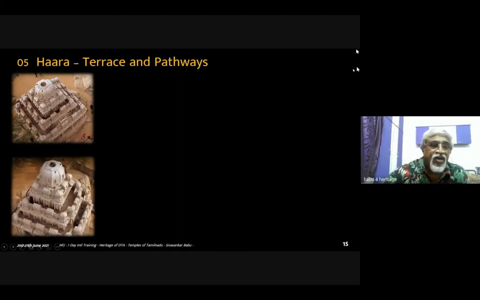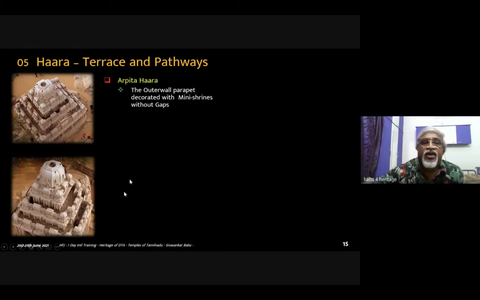So there is a gap between the first tala hara and the second tala wall. And there are staircases. Similarly, there is a gap between the second tala hara and the third tala wall. If you go to the third tala, there is no gap. It is flush in line with the wall.